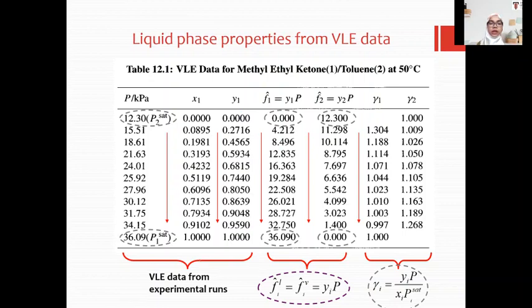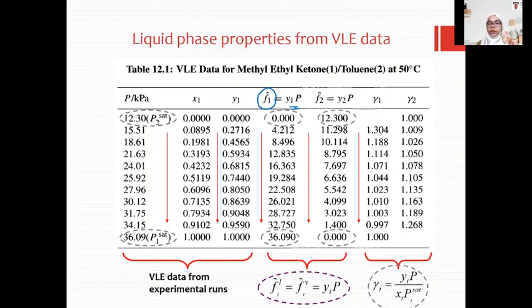From this VLE data, it gives us additional data known as the fugacity of the species in the solution, from the partial pressure. By inserting this value, you may determine the fugacity using this equation, so we can obtain the fugacity of species 1 in the solution.